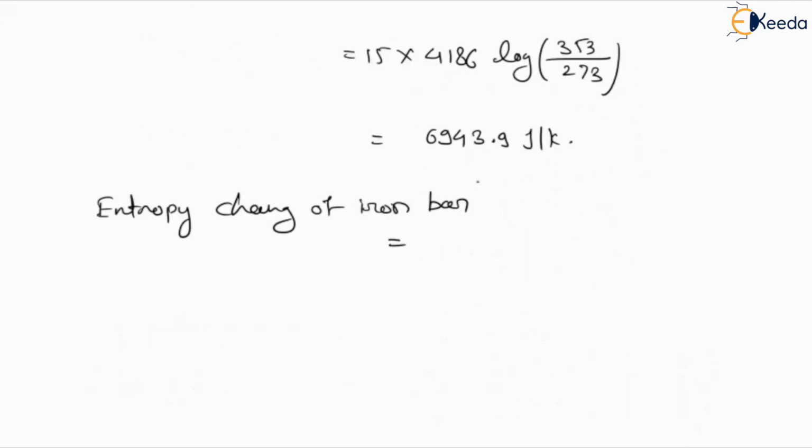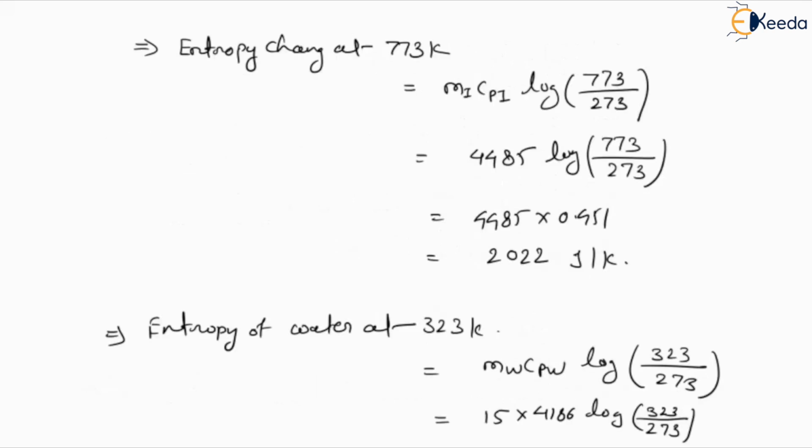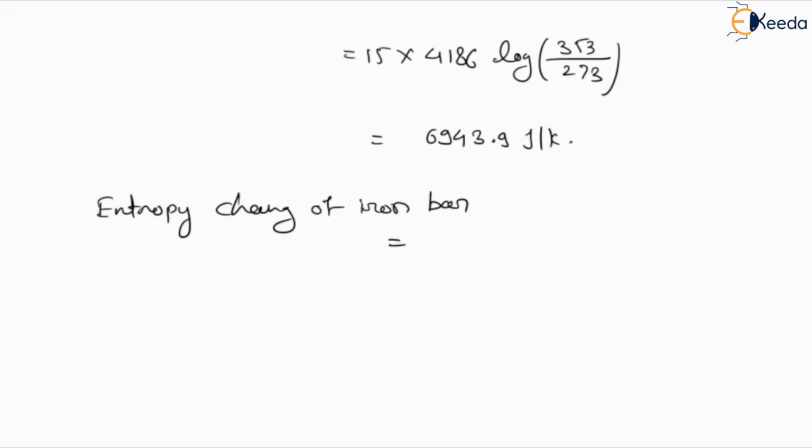So this entropy change will be 495.9 minus 2022. So this value will become negative, minus 1526.1 joule per Kelvin.